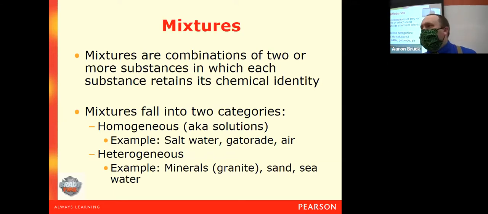I'm not going to see any of that. I'm just going to see one uniform solution. It's going to look like that guy's water over there, Peter, right? So that's what a homogeneous mixture is, a solution.